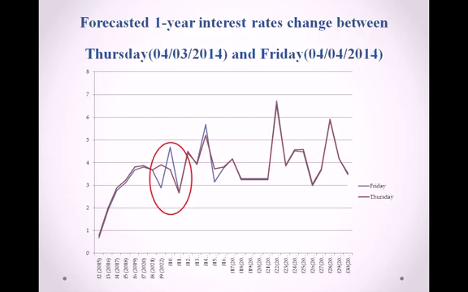Going back to the yield to maturity data I found, the R9, the 9-year Treasury bond rate on Friday, is much lower than the R9 of Thursday. So the big difference caused a big wave on the blue line of the forward interest rate curve.